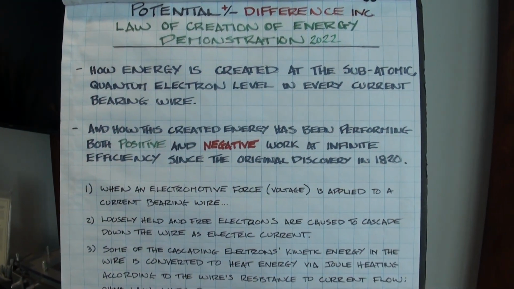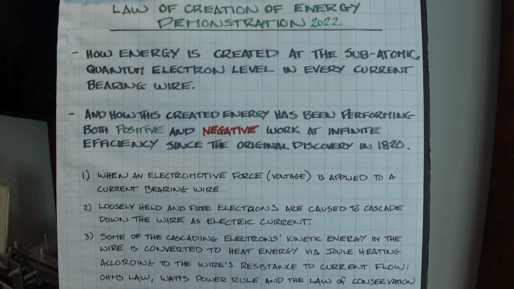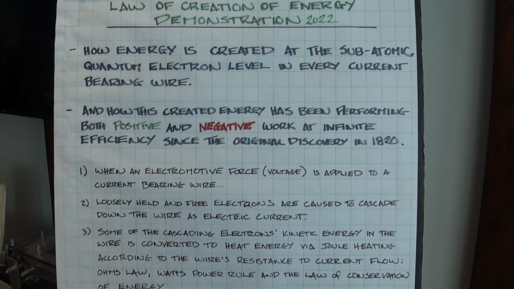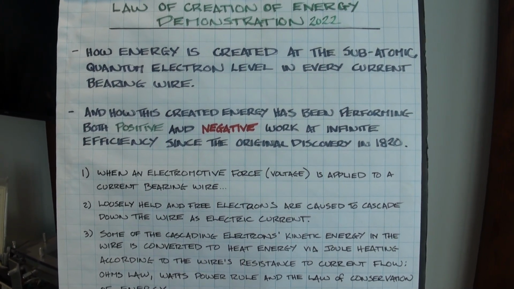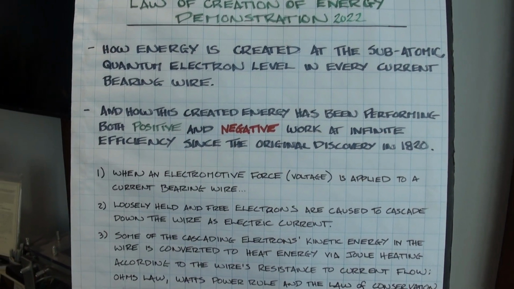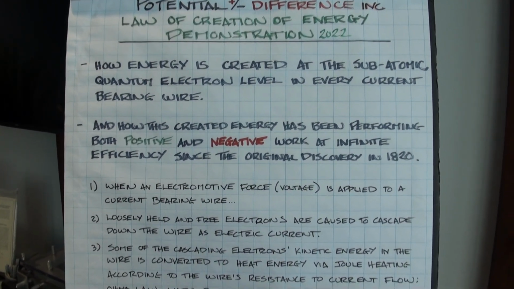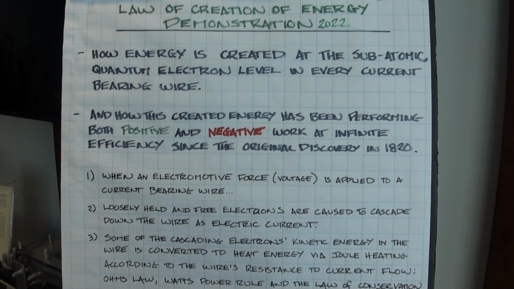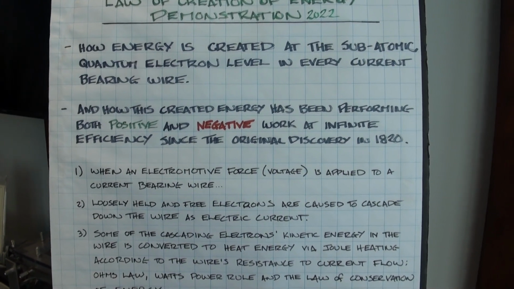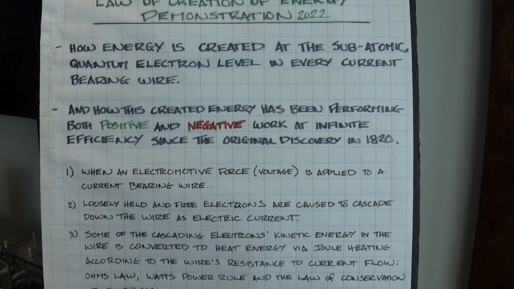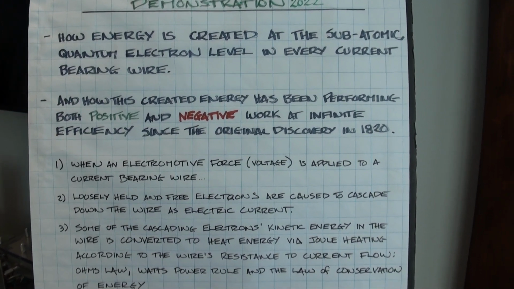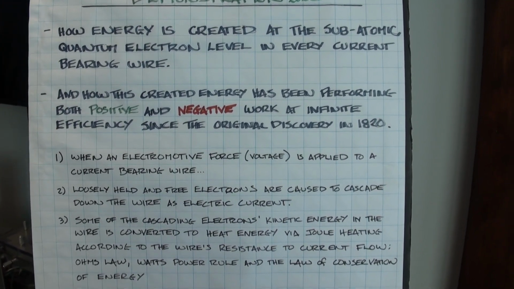The question that we want to answer is, where does the energy come from in order for electric generators to perform negative work? Energy is created at the subatomic quantum electron level in every current-bearing wire.